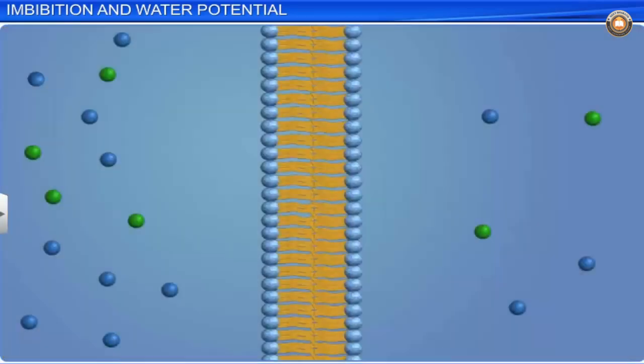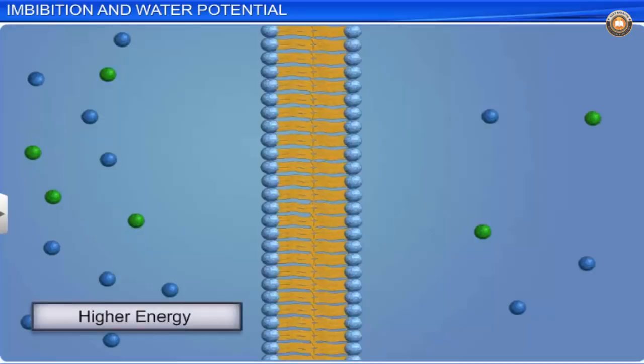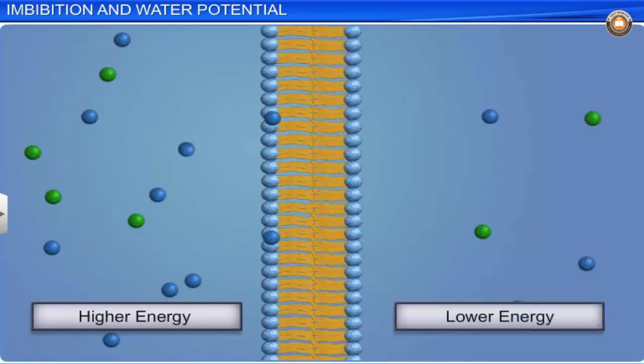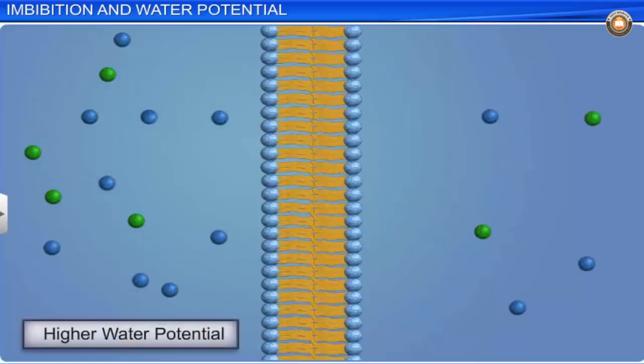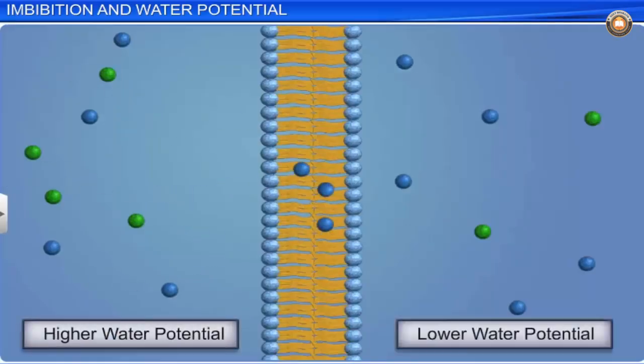When two solutions come into contact, water molecules from the system with higher energy will move to the one with lower energy. That is, movement will take place from the solution with higher water potential to the one with lower water potential.